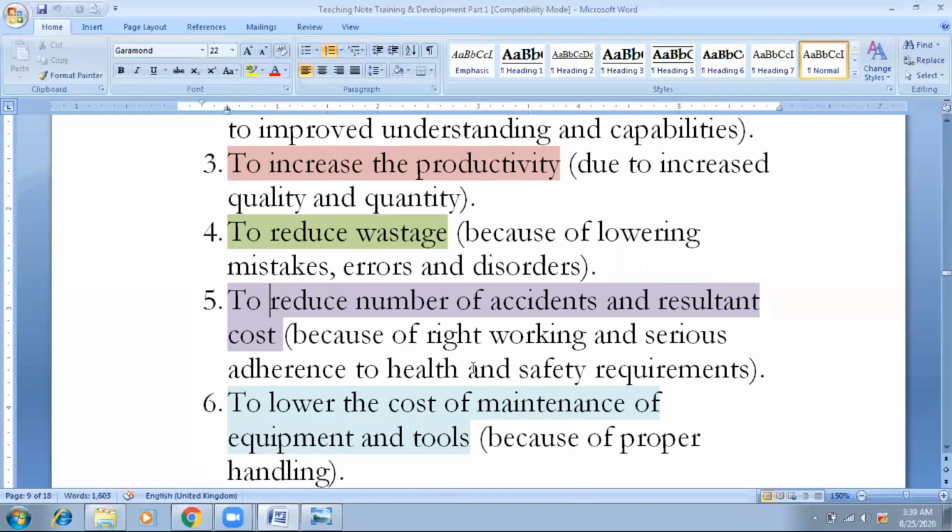There are various health and safety requirements to be followed by the employees. If we give the right training about these things to the relevant employees, of course, they will not meet with accidents. If they do, the number is less.